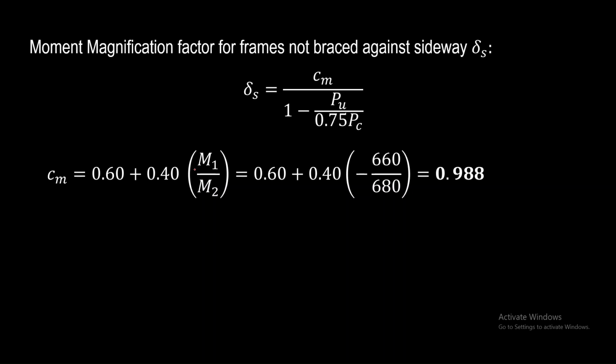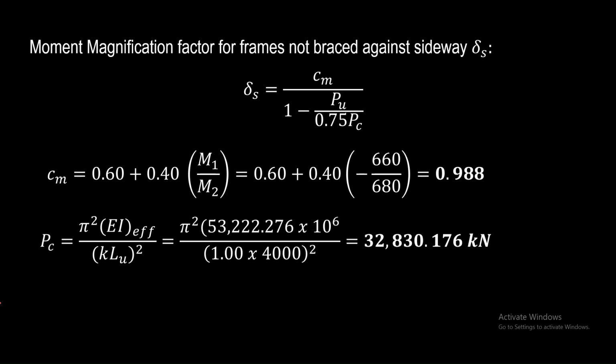One thing we need to consider: since it is stated to be single curvature, this ratio should be taken as negative. After substituting 0.60 plus 0.4 times the quantity 660 divided by 680, since it is negative, we have Cm of 0.988.